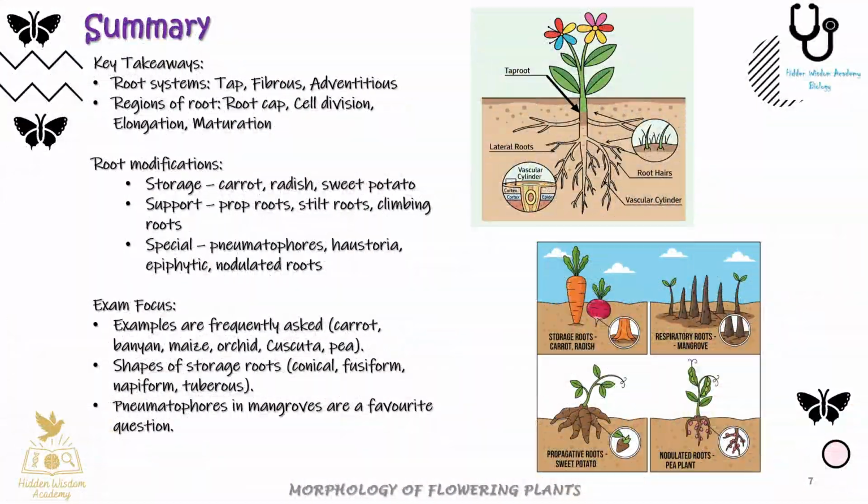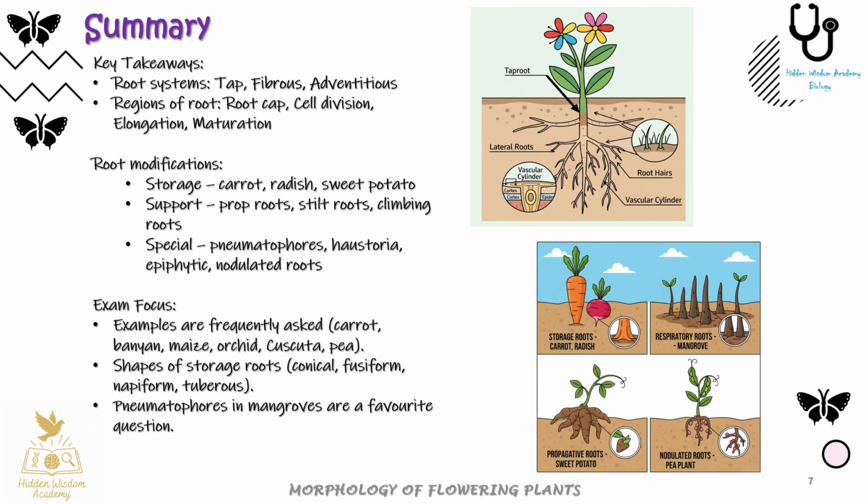Let's quickly go over the key points of what we learned. Root systems are of three types: tap, fibrous, and adventitious. The root has four regions: root cap, cell division, elongation, and maturation. Roots can be modified in different ways. Storage roots like carrot, radish, and sweet potato store food.